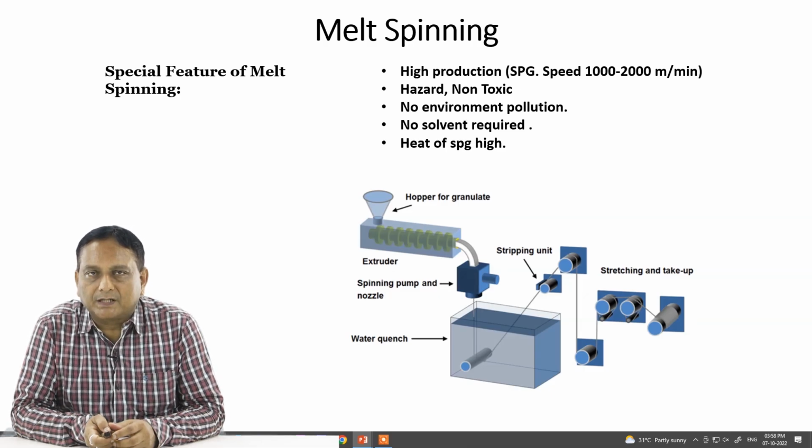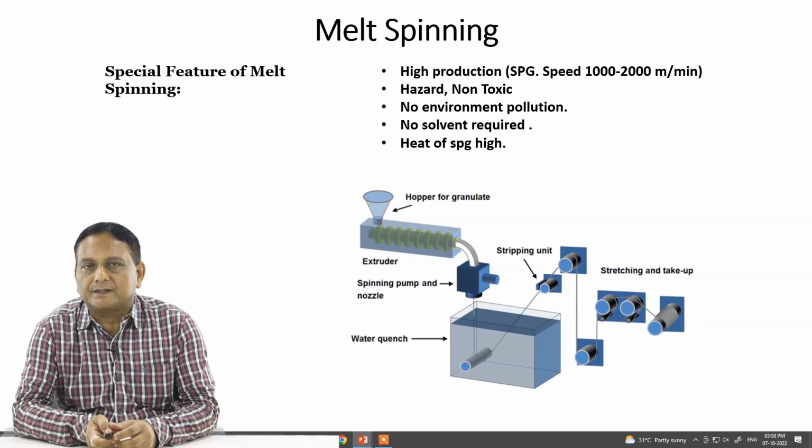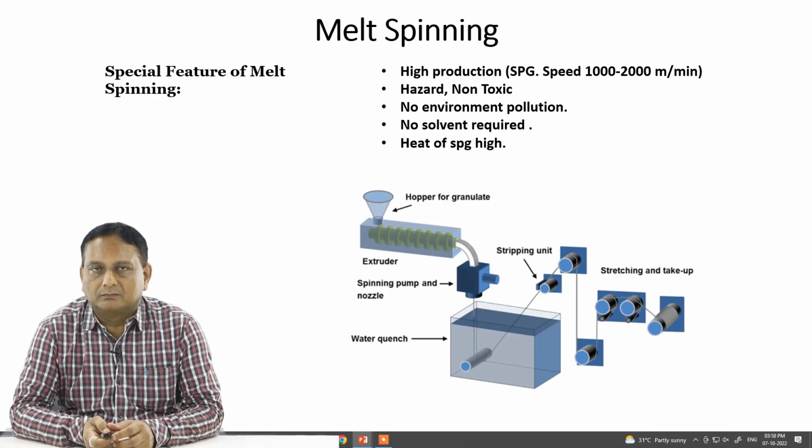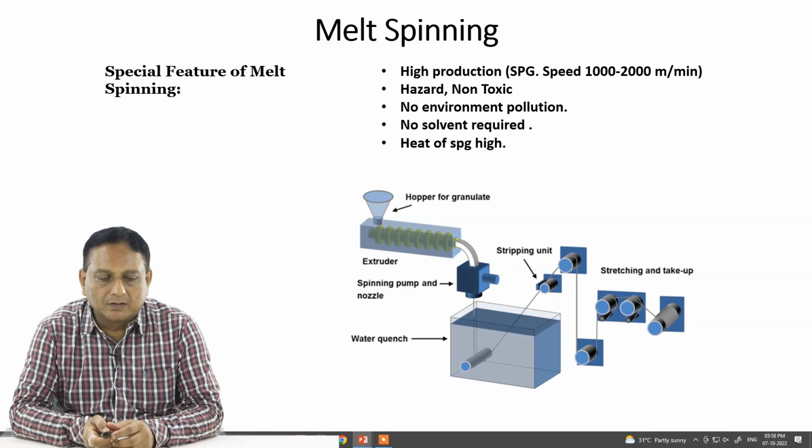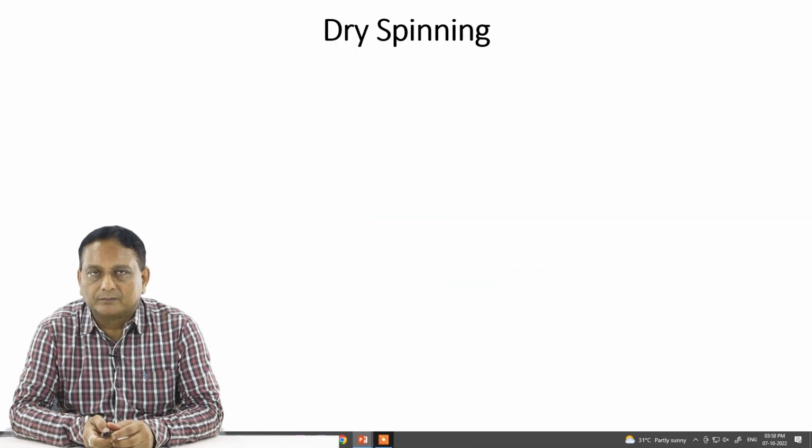The hazards which are associated must be improved or removed. No environmental pollution is there. No solvent requirement. Heat of spinning is very high. So these are the different characteristics, advantages and disadvantages of the melt spinning process.